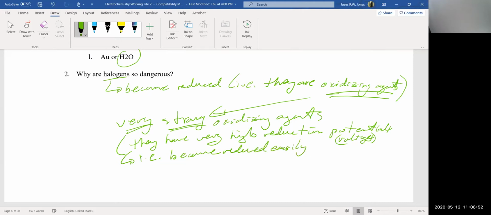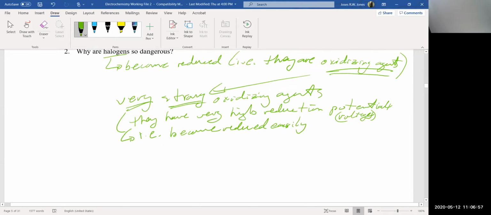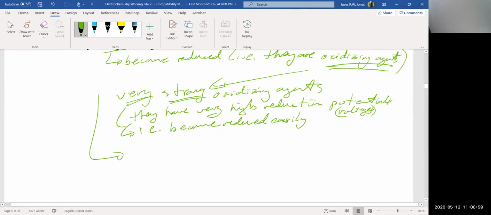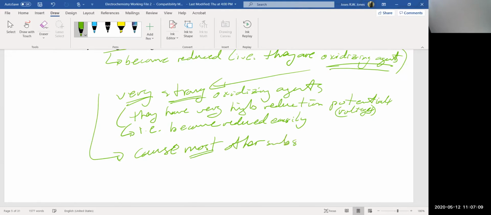Another way of saying that is that they are very strong oxidizing agents. So they cause most other substances to oxidize. Not all. That is, to react.